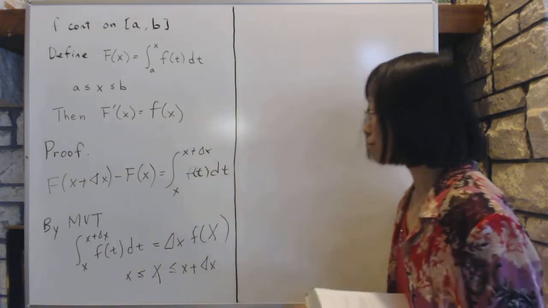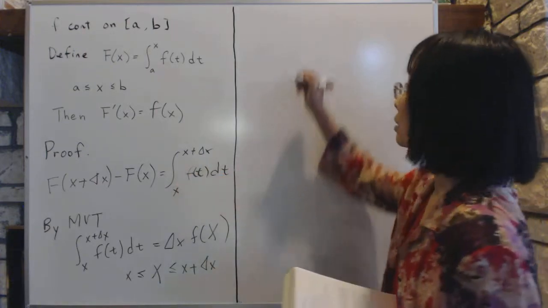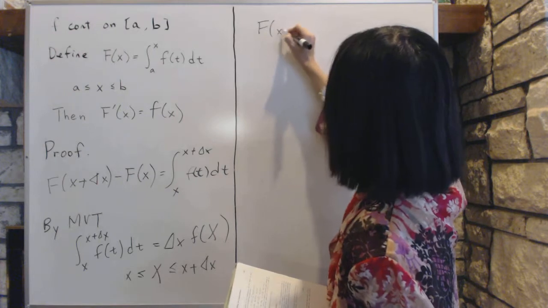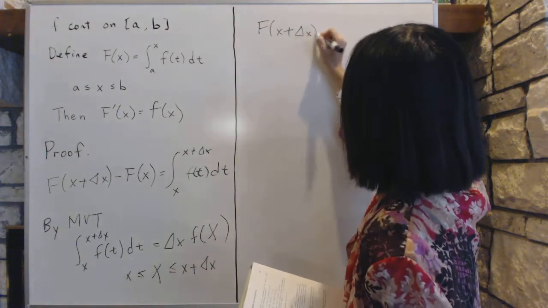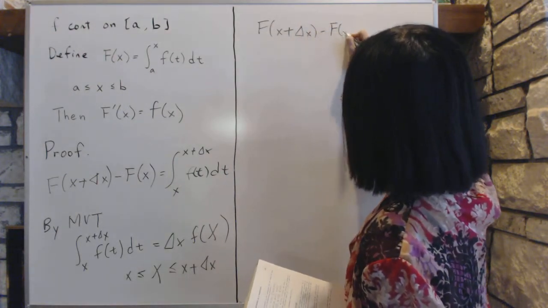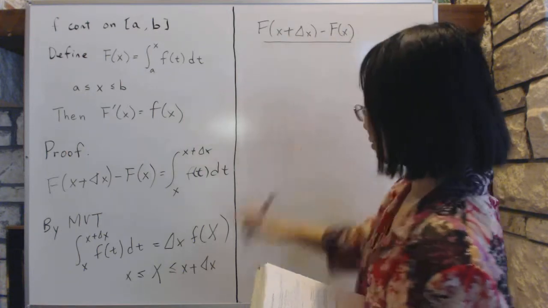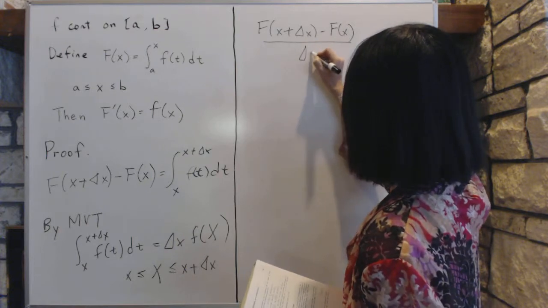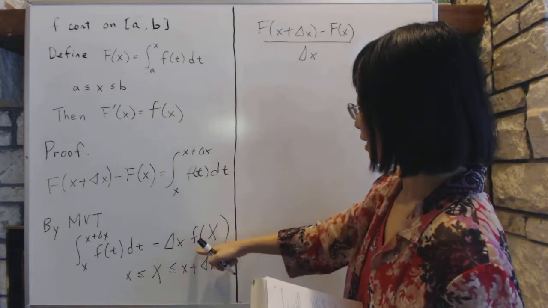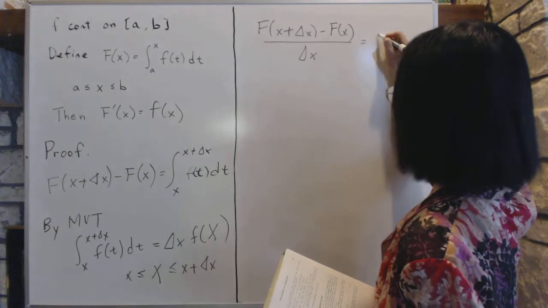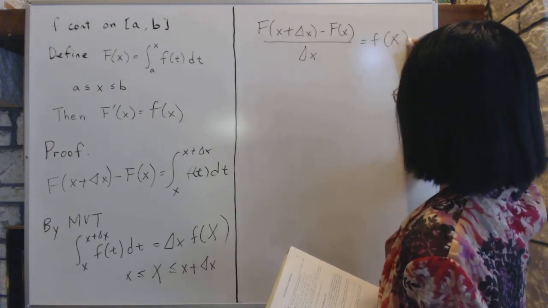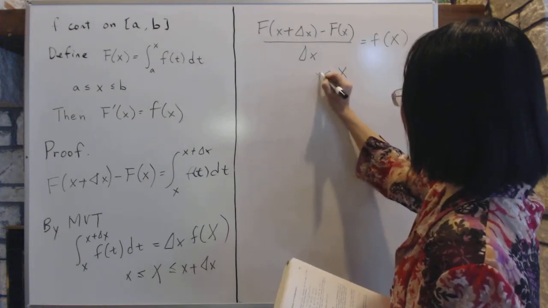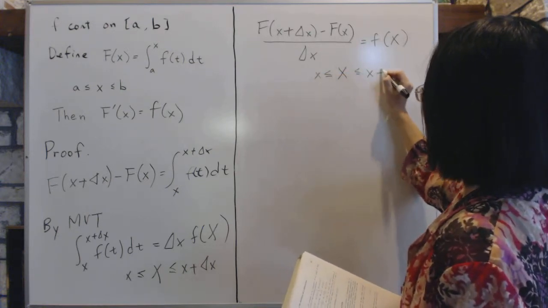All right. Then we combine these two equations and we get F(x + Δx) minus F(x), and we divide this thing by Δx, which is going to be equal to f of big X. Again, big X is something in between x and x + Δx.